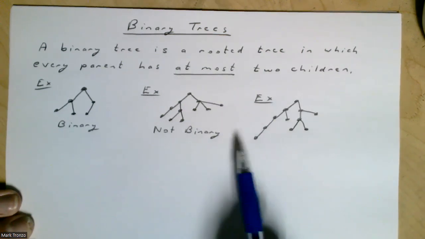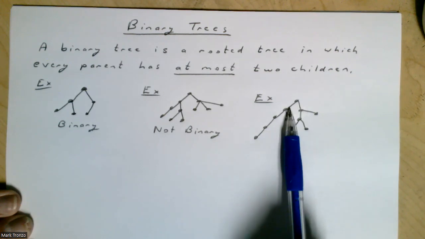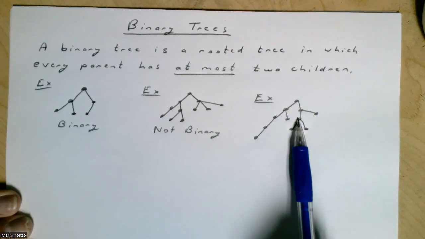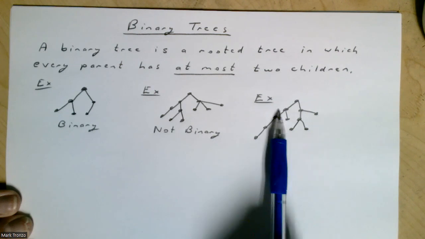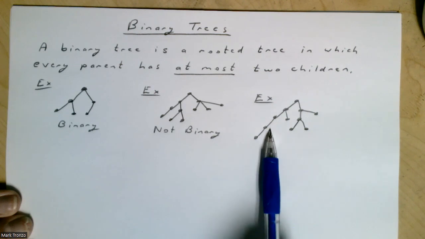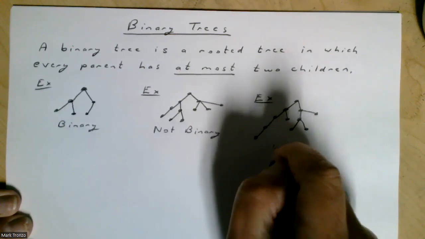And this one actually is binary because this has 2 children, this has 2 children, this has 2, this one has 2, this one just has 1, so this is binary.